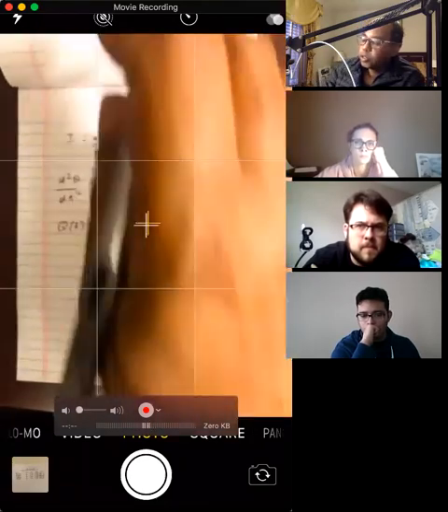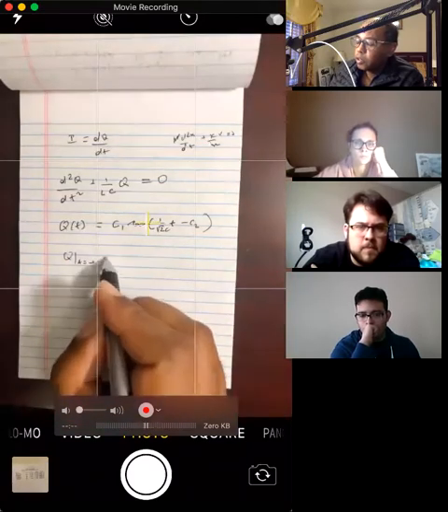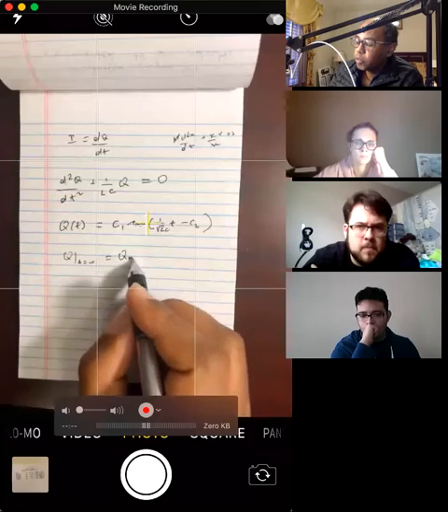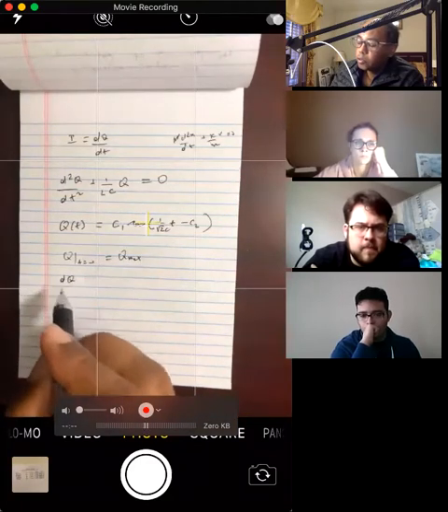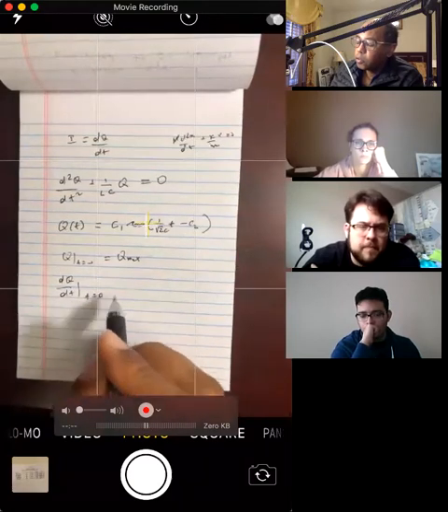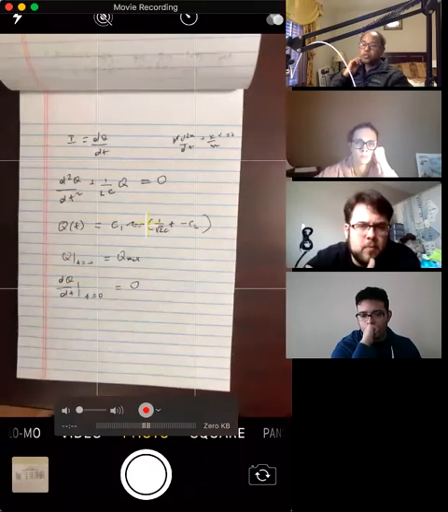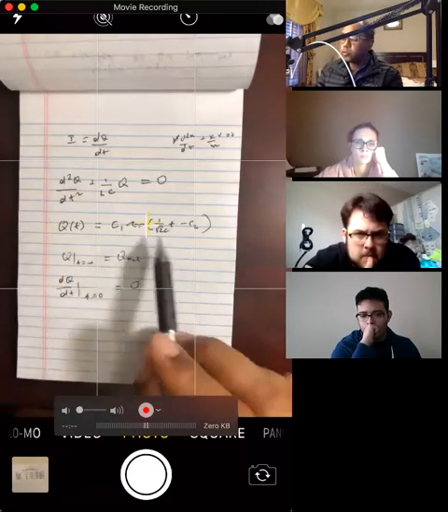We start with a certain amount of charge, so let's say q at t equals 0 equals the initial charge, which can be the maximum. And the initial current is 0, so dq by dt at t equals 0 also equals 0. With these initial conditions, we can find values for these two constants.